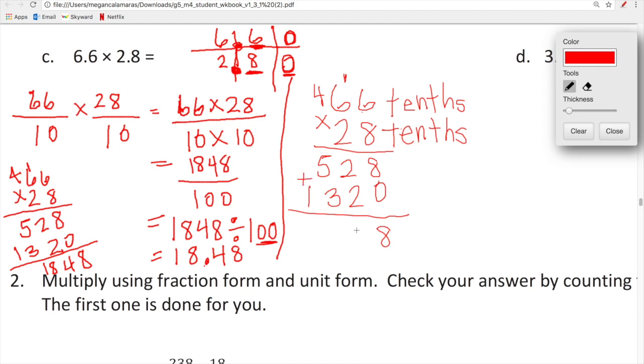We have 8, we have 4, we have 8, we have 1, so what we have here are 1,848 tenths times tenths are hundredths.